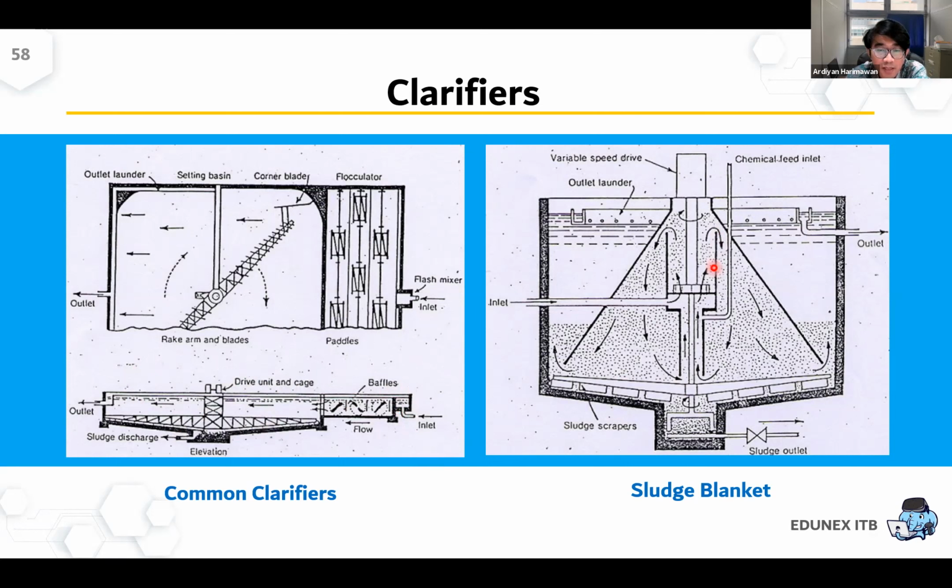In the sludge blanket, the mixing happens in this area. Where is the inlet? The inlet should be from the left-hand side. Okay, the fast mixing happens here, and this one is slow mixing.